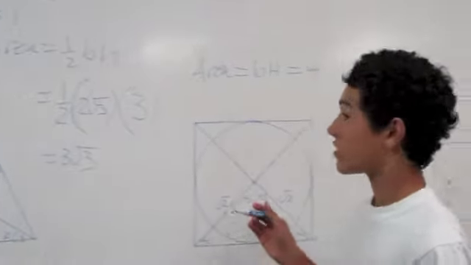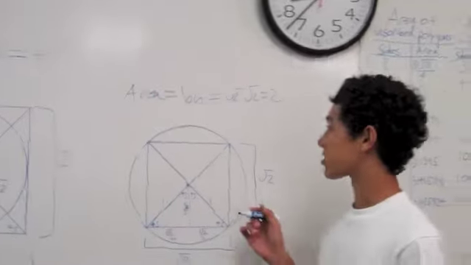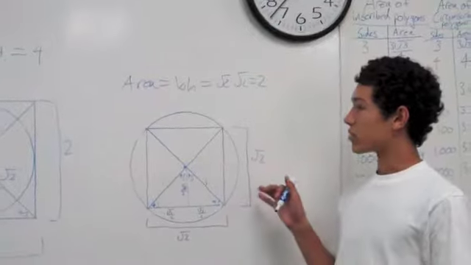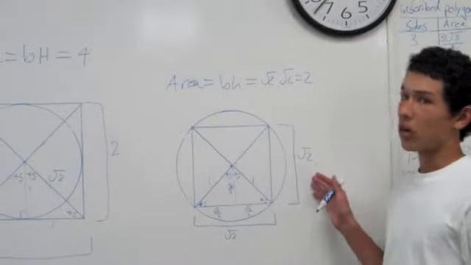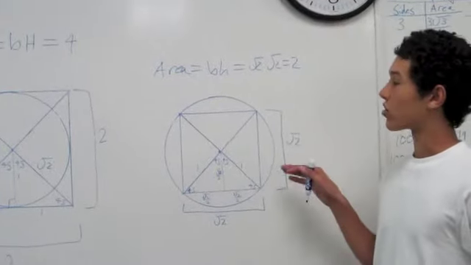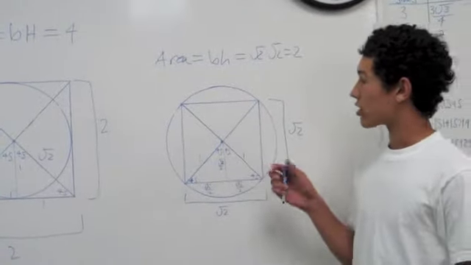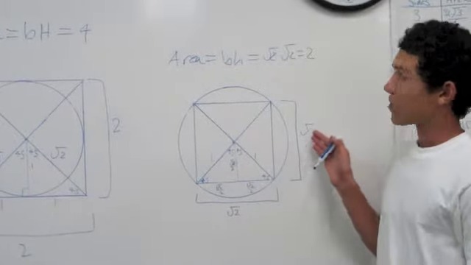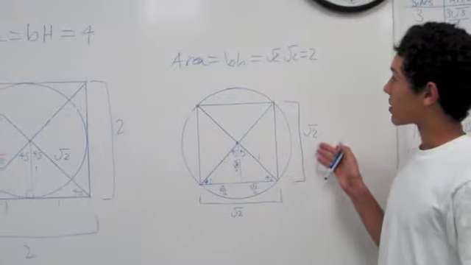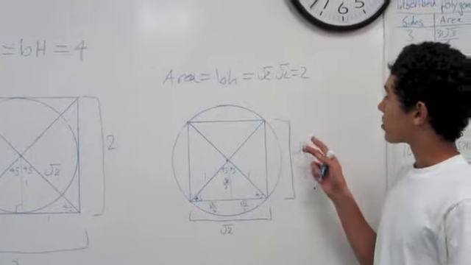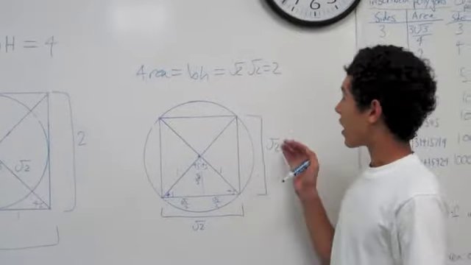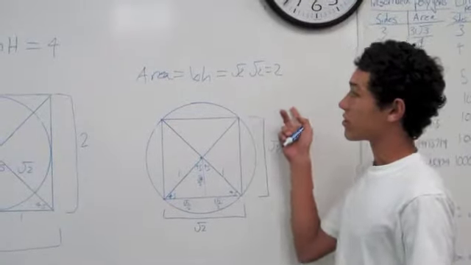And the next thing we did in the process of deriving pi was we took a square and circumscribed a circle about it. So we had a square inscribed within a circle radius 1, found the area of that with base times height, so root 2 times root 2, and that got us an area of 2.